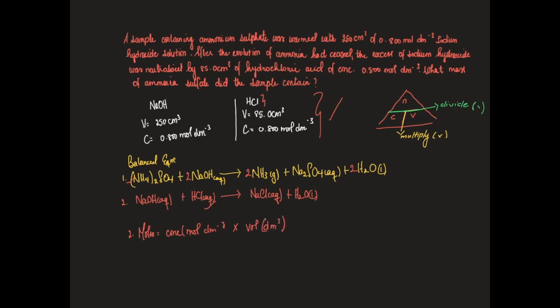We have 0.500, and we're going to quickly convert the volume from cubic centimeters to cubic decimeters, so you divide by 1,000 and get 0.085 cubic decimeters, and the number of moles here is 0.0425 mole.